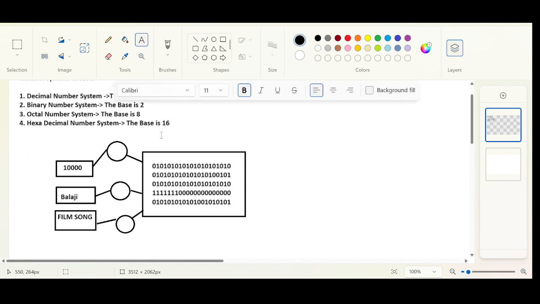So this is a typical computer. Whatever data you want to share or save inside a computer, the computer will not accept the data directly. The data should be converted to a binary number. Binary numbers are nothing but zeros and ones. The computer can interpret these binary numbers to understand what kind of data you are going to save or what kind of data the computer is designed to manipulate. For example, if you take any video, a film song, an MP3 song.